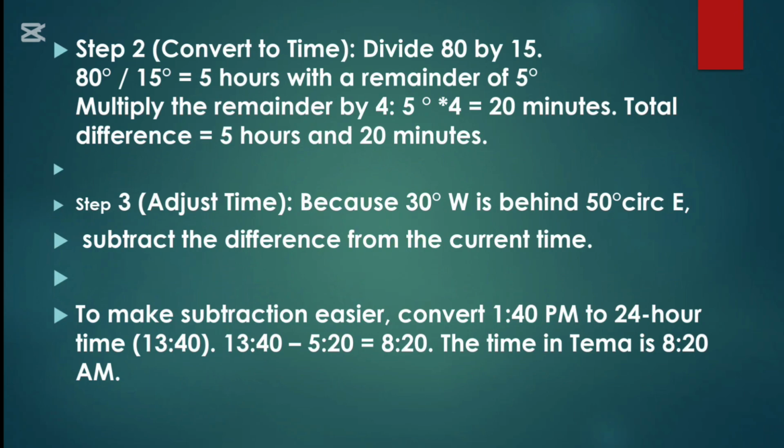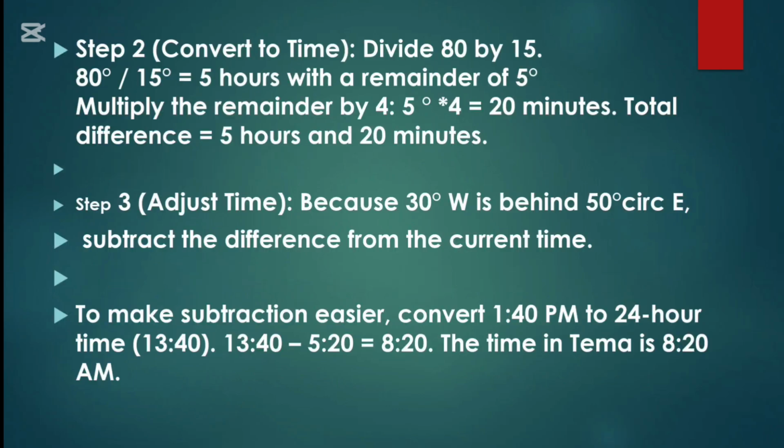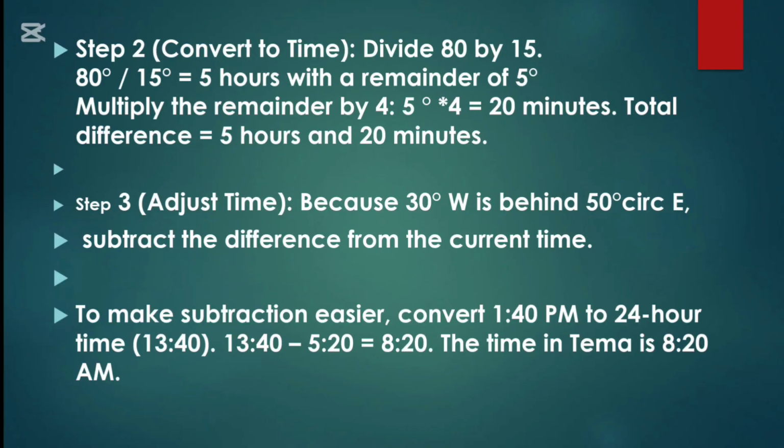So we subtract 5 hours and 20 minutes from 1:40 p.m. in Kumasi, and this will leave us with 8:20 a.m. So Kumasi will be 1:40 p.m., but because of the time difference, Tema will be in the morning, that is 8:20 a.m.